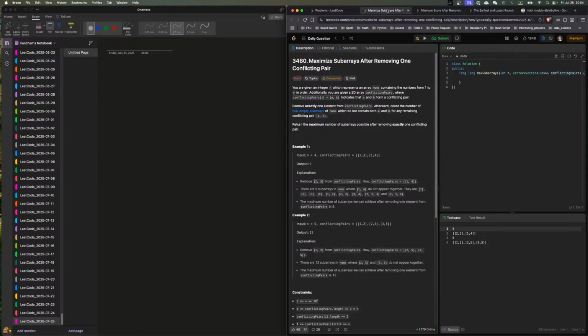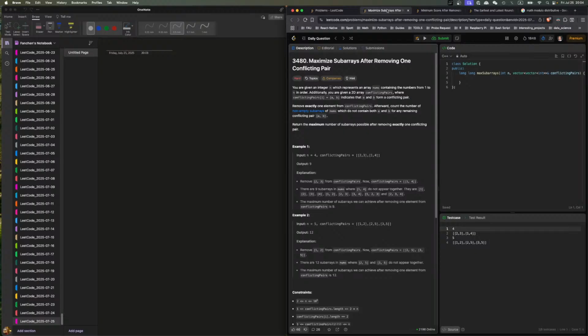Alright, maximize subarrays after removing one conflicting pair. Given an integer n, which represents an array nums containing the numbers from 1 to n in order. Additionally, you're given a 2D array conflicting pairs, where conflicting pairs i indicates A and B form a conflicting pair.